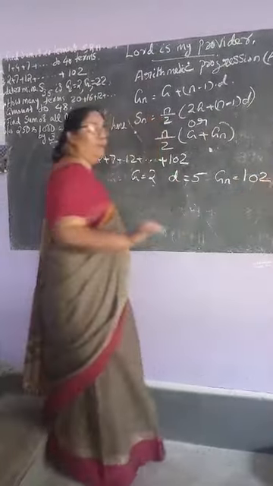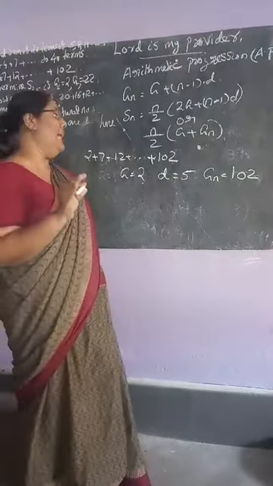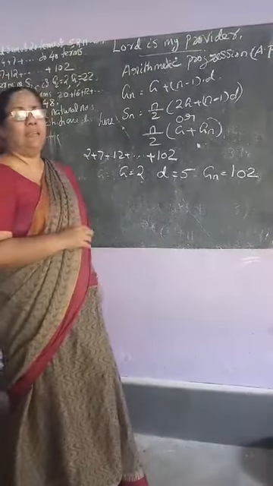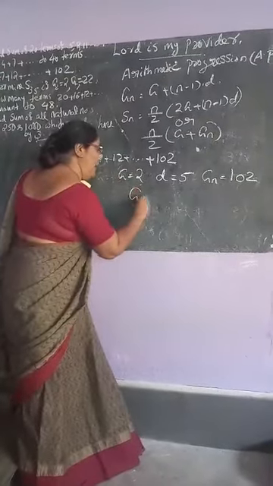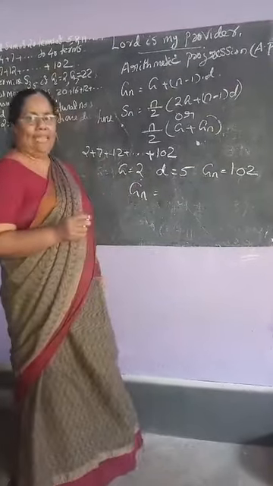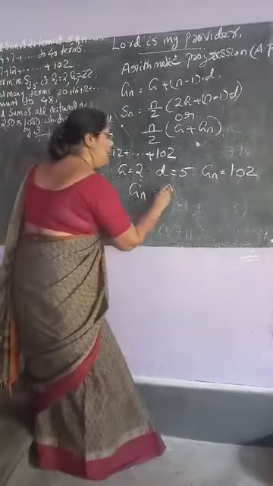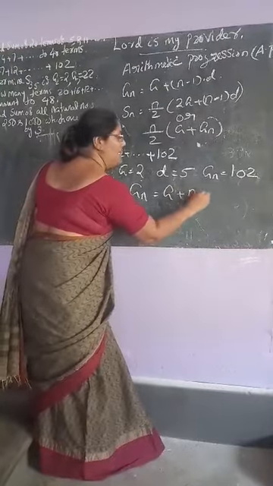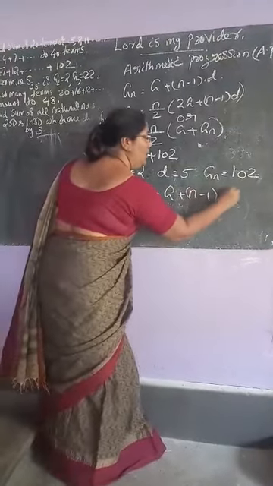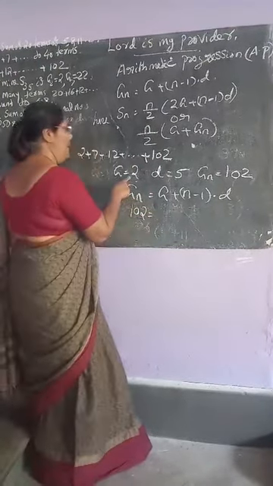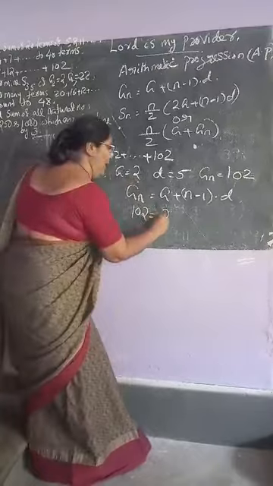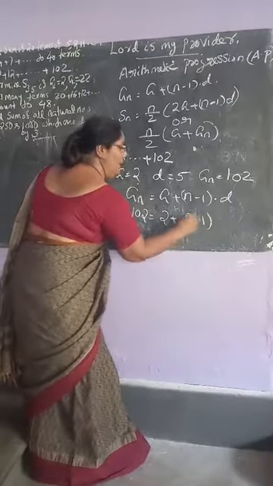In this particular question, we do not know how many terms are in this series. Therefore, apply the formula an. An is equal to a plus n minus 1 into d. 102 is equal to 2 plus n minus 1 into d.